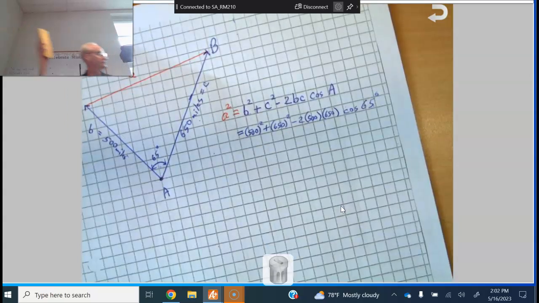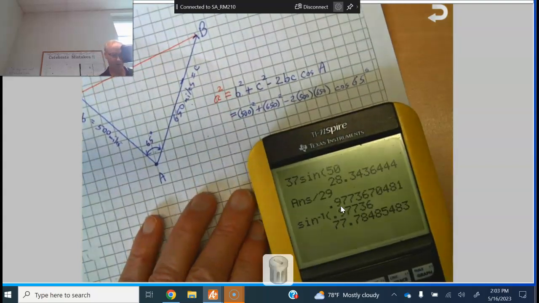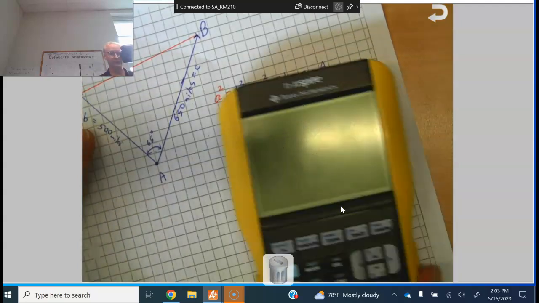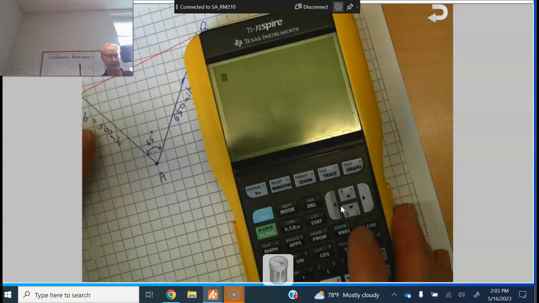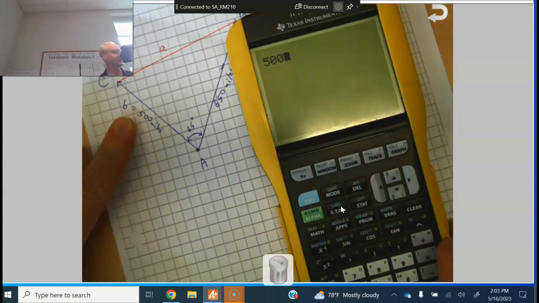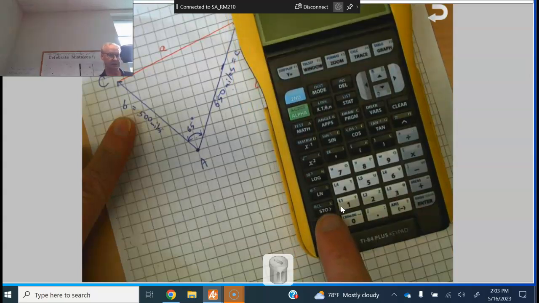I would much rather just put them in my calculator and let the calculator do all the work. So I'm going to put 500 for B, and we do that by putting in the value 500, and I'm going to store it. That's the STO key just above the on. It's right there.